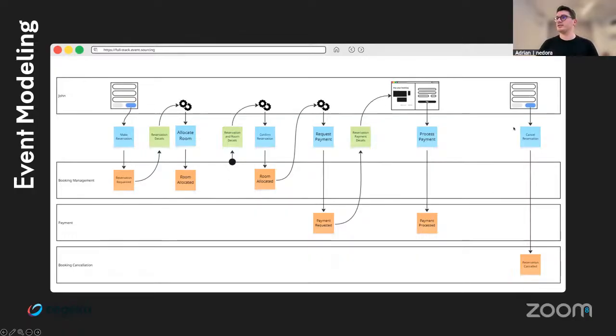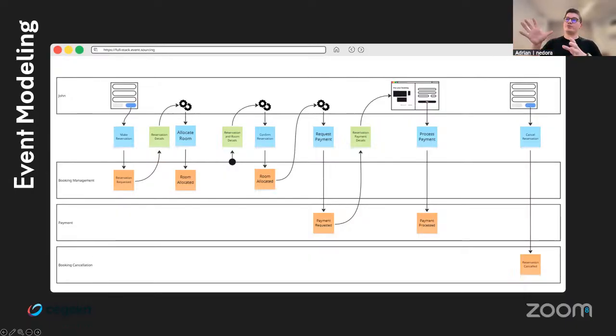And of course, at a later point in time, maybe the user or the system wants to cancel the reservation, so you have reservation canceled. Each column in the diagram represents the timeline, which, from my team's point of view, makes it much easier to reason about behavior over time: what happens first, what happens next, and how the state evolves in our system.